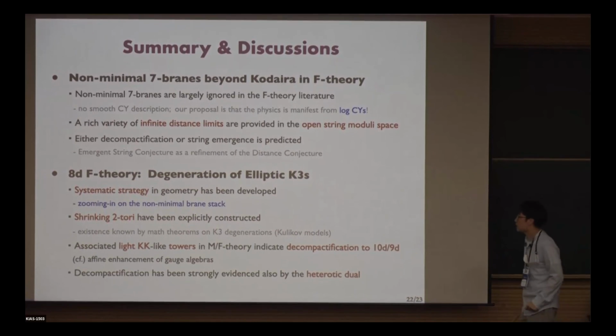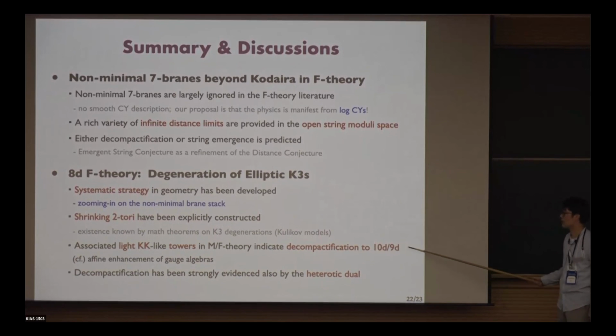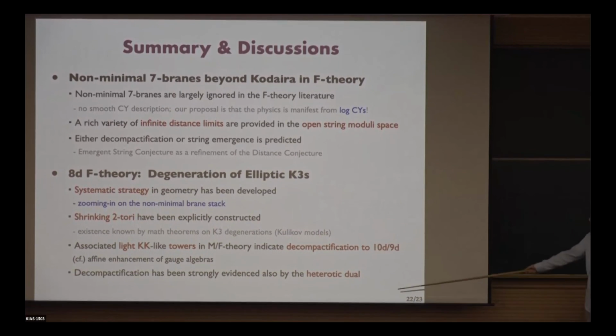And associated light KK towers indicate decompactification of the spacetime to 10D or 9D, and such decompactification was strongly evidenced also by the heterotic dual picture.